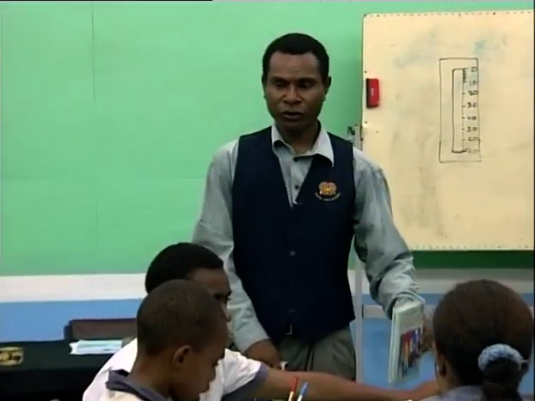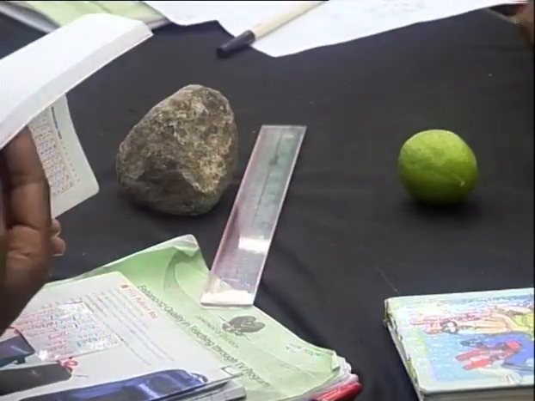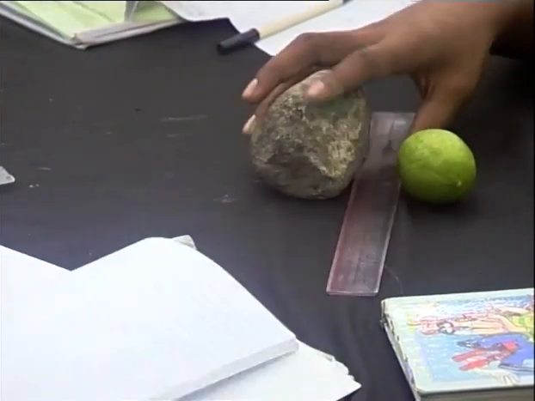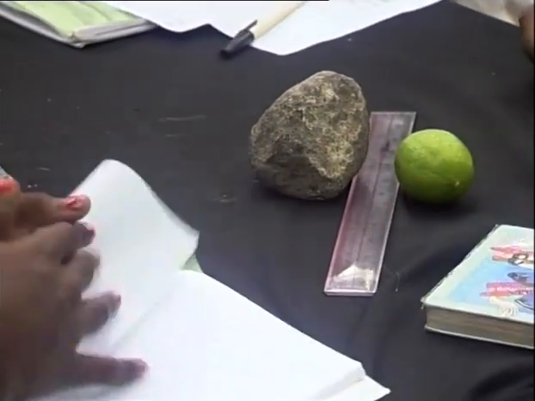You need also a blank piece of paper. Firstly place the blank piece of paper on your table, flat on the table.